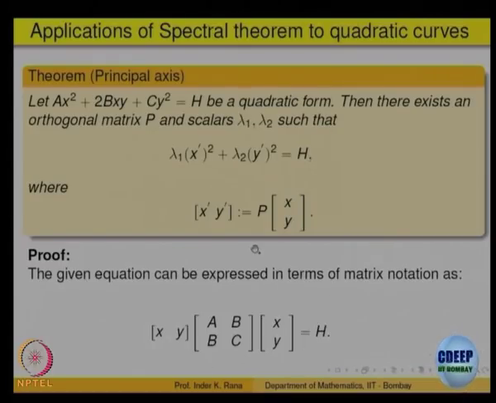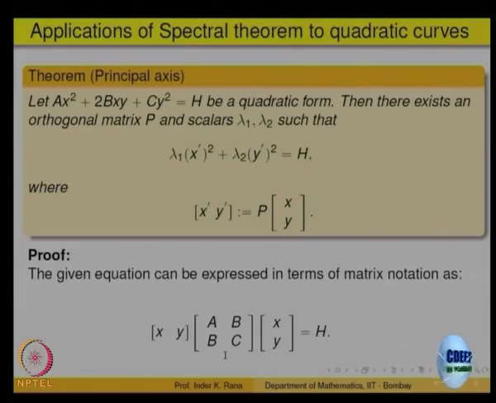So, this quadratic form is written in terms of matrices where x and y are treated as components of the vector (x, y). Now, the advantage of writing this is, look at this matrix: it becomes a real symmetric matrix with rows (a, b) and (b, c). Once it is real symmetric, it will be diagonalizable by an orthogonal matrix.